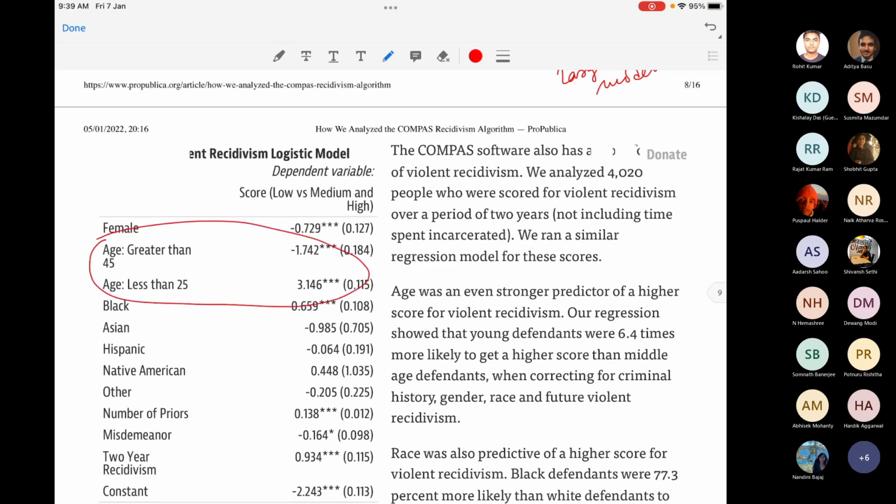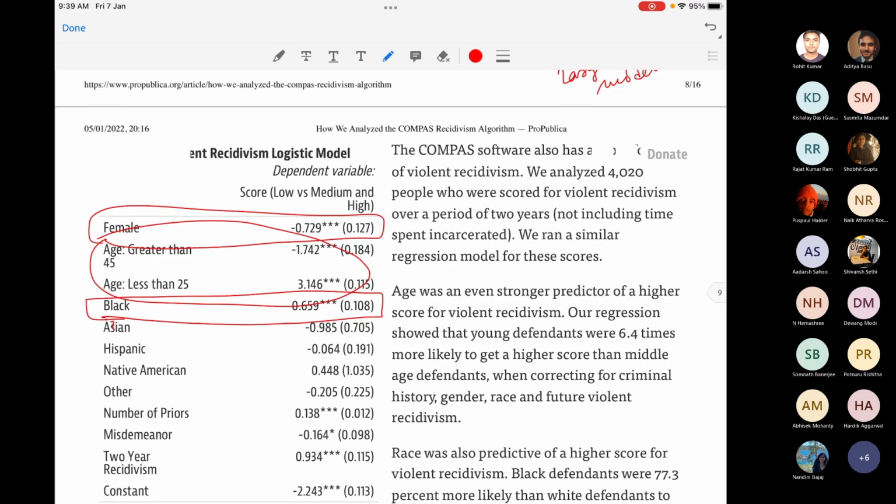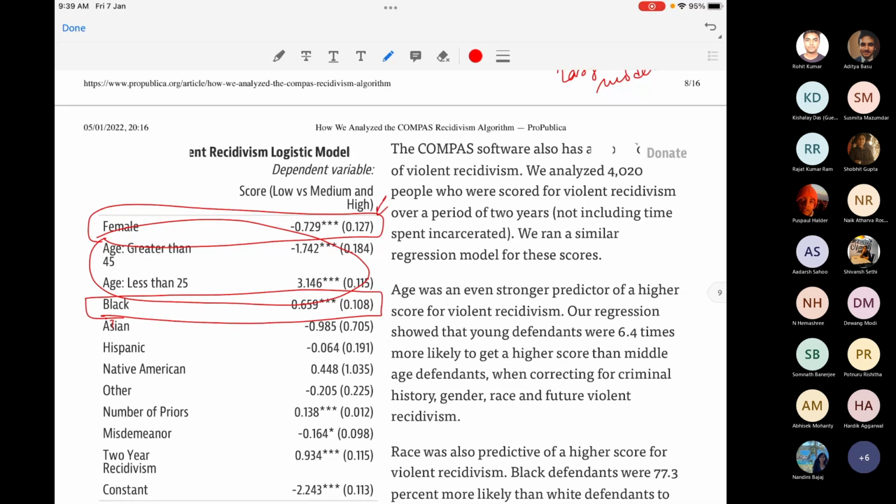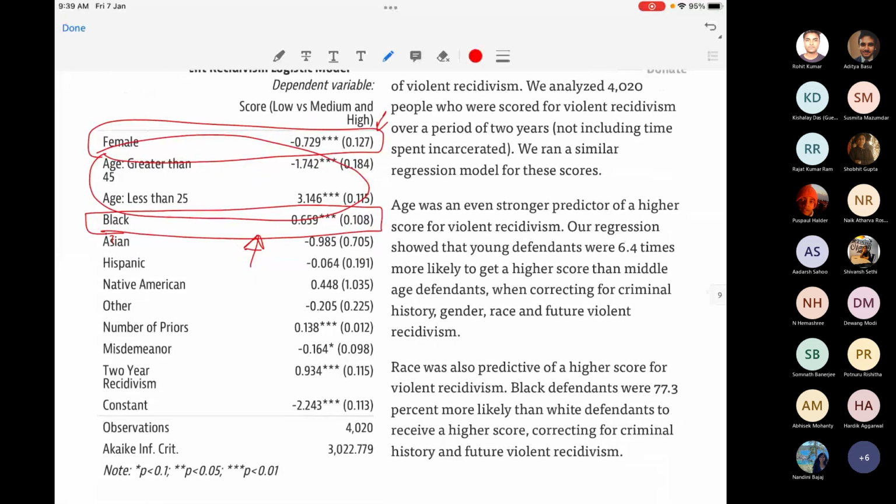As you see here, females were at low risk, so violent recidivism was not very common in females. But blacks, this ethnic group, again had a strong predictive capability of the COMPAS score.